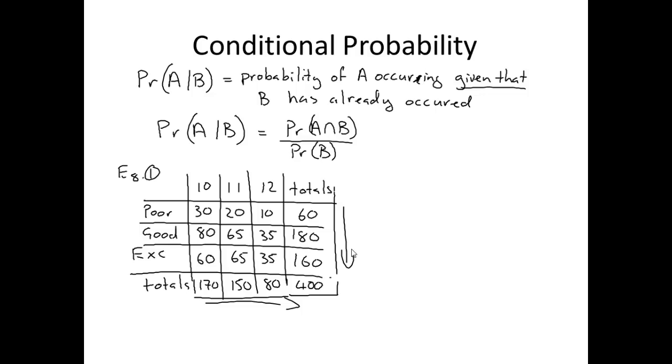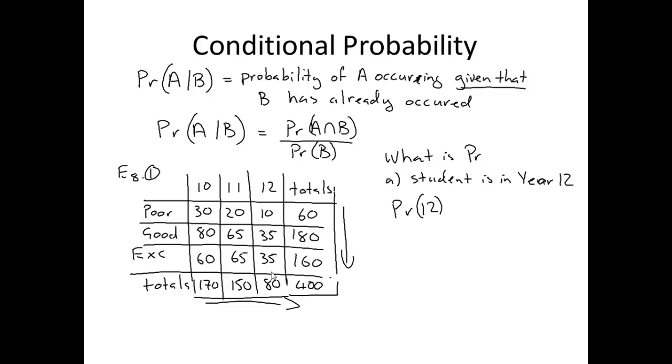So let's go. What's the probability? So the question here: what is the probability that a student is in year 12? Well, we look at that. Probability of being in year 12.